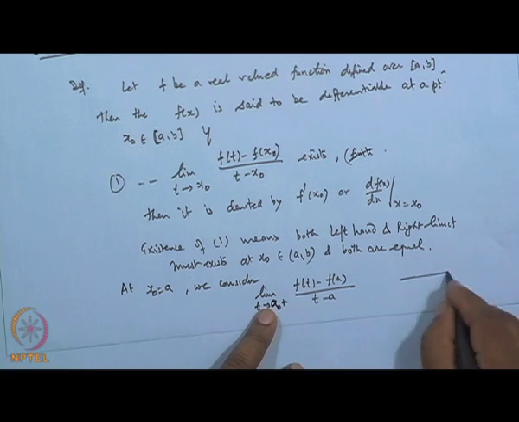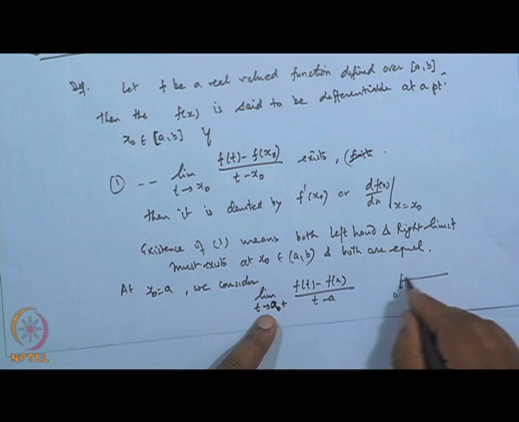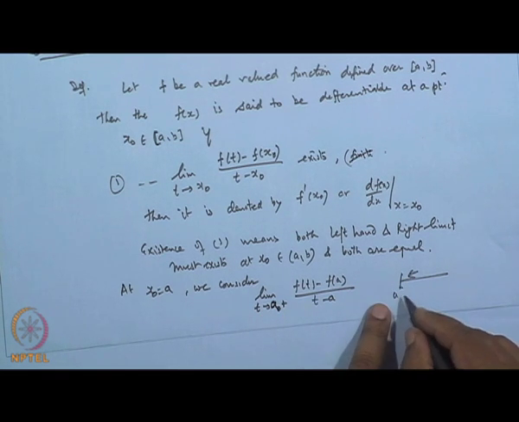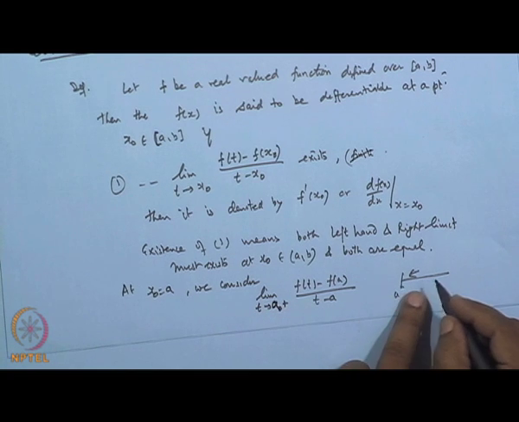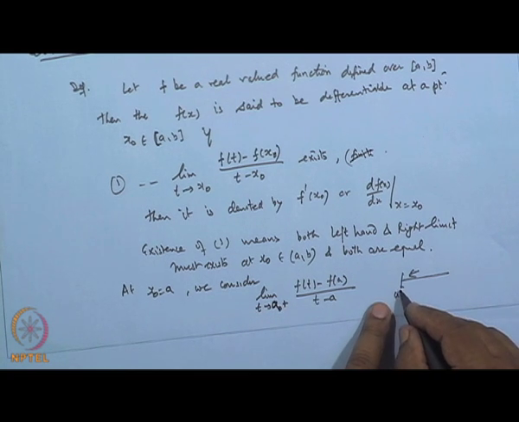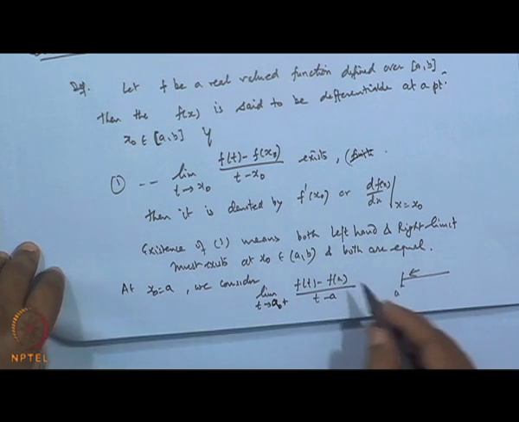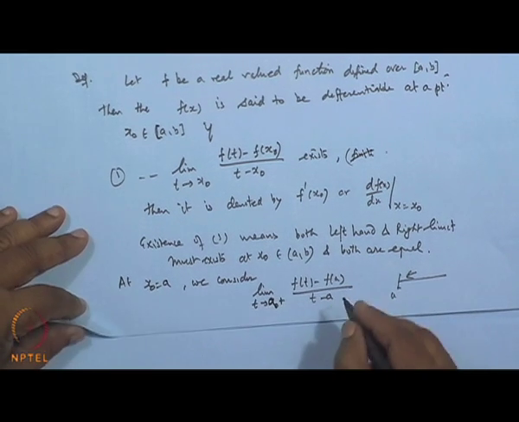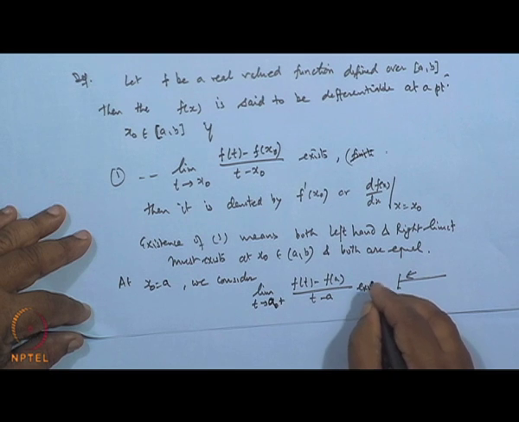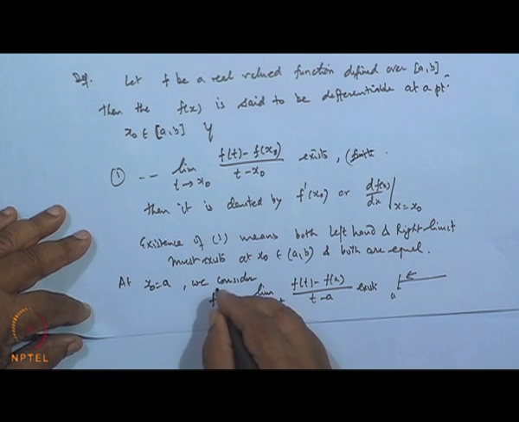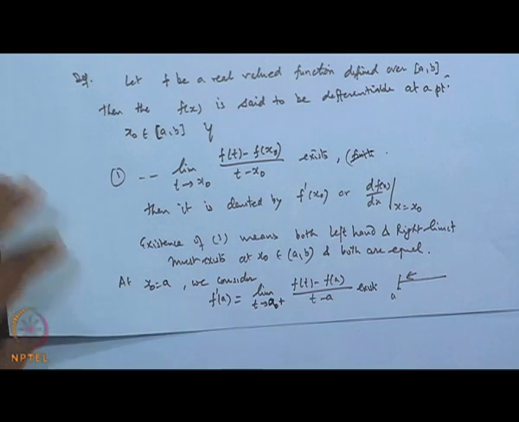So, this is the interval [a, b]. We will look only at this side, the points which are approaching a from the right hand side of a. So, the right hand limit of this, if it exists, then we say the derivative of the function exists at the point a.